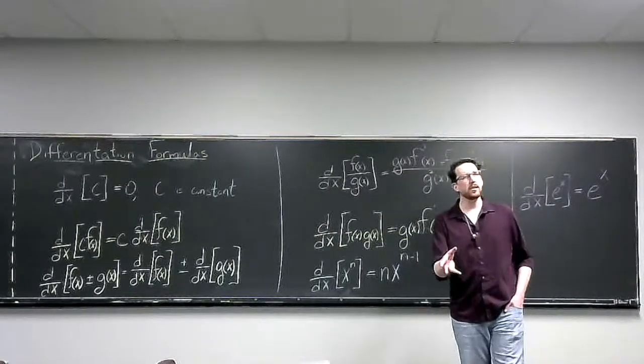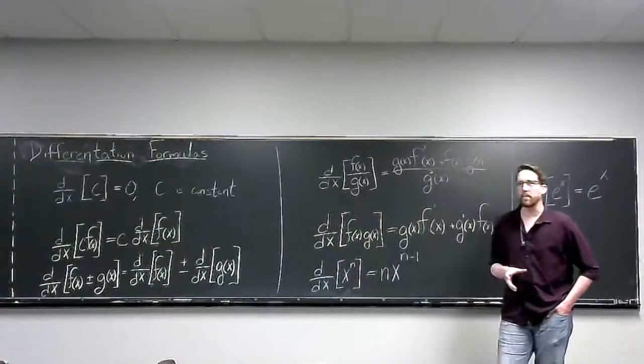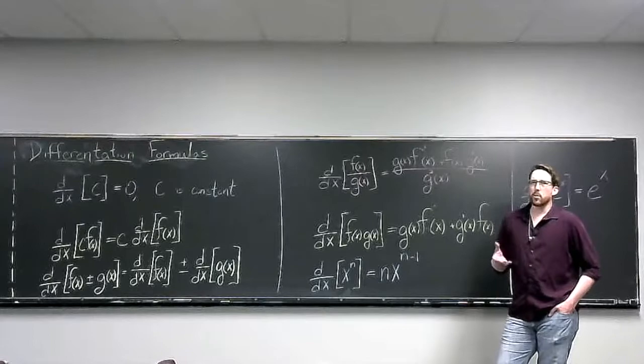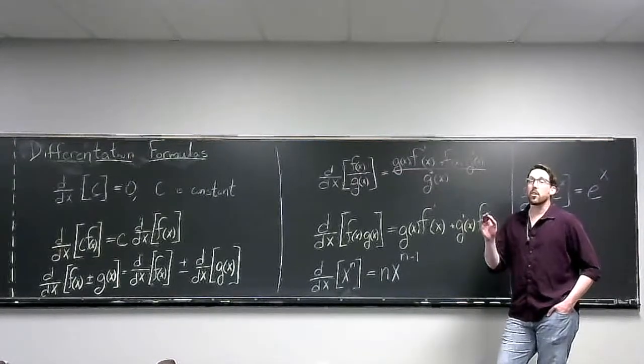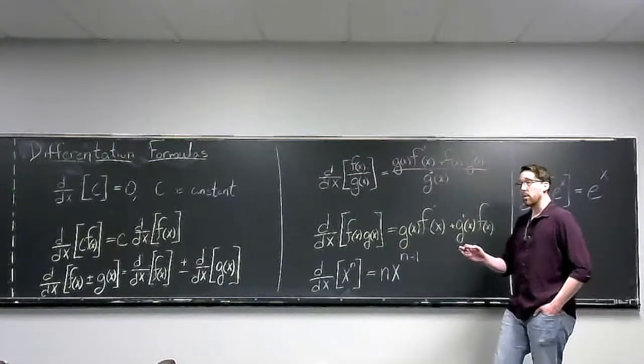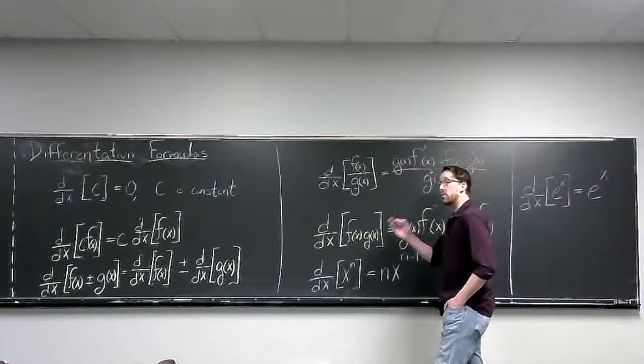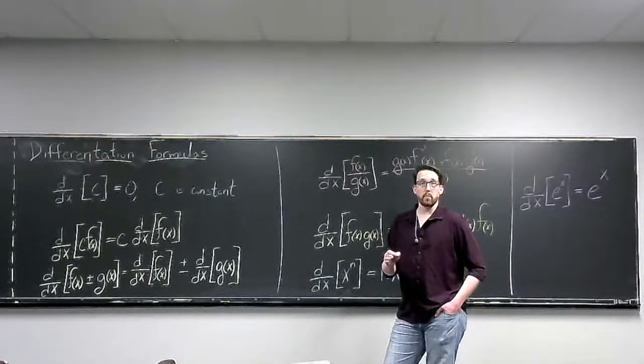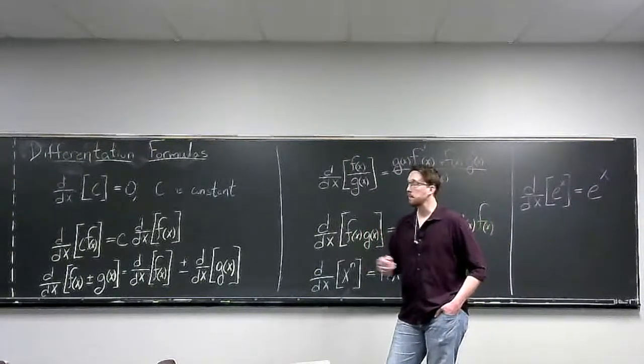And this makes sense when you think about the tangent line, right? Well, the derivative is the measure of the slope of a line tangent to a function at a particular point.